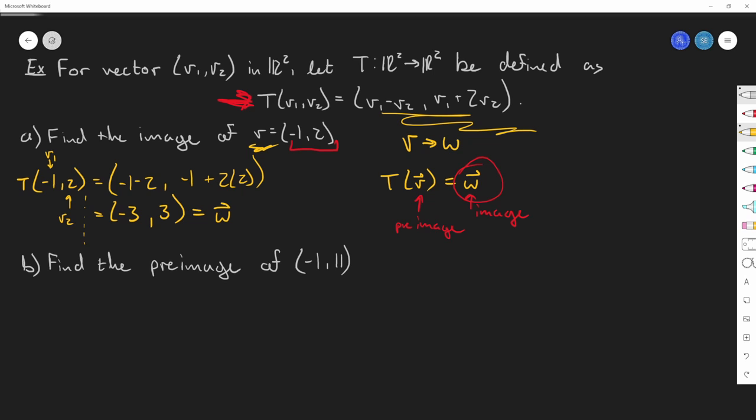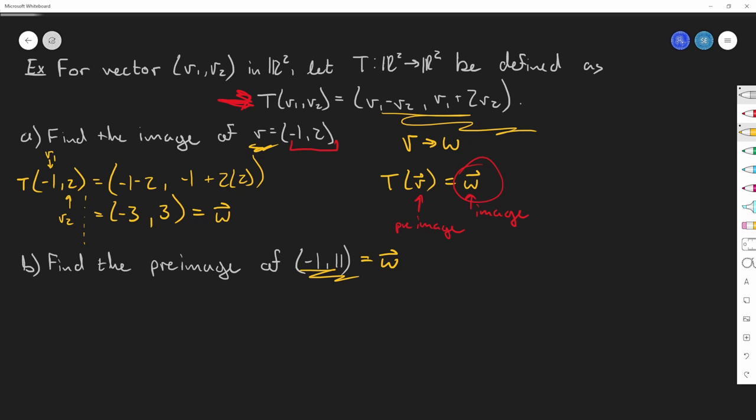Now part B asks: find the pre-image of negative 1, 11. As I mentioned before, the pre-image would be our schematic and our image is our final product. Because they are telling us to find a pre-image, at this point this vector here is not the schematic; it is our final product, which is our W. So from here we just work it backwards.